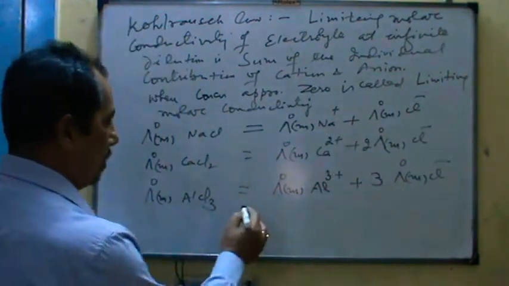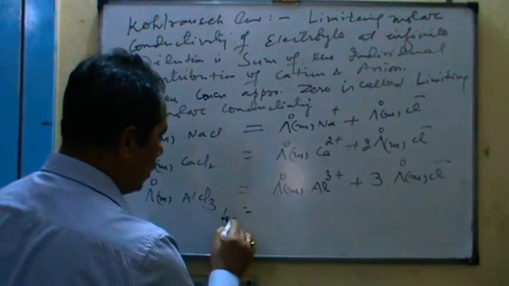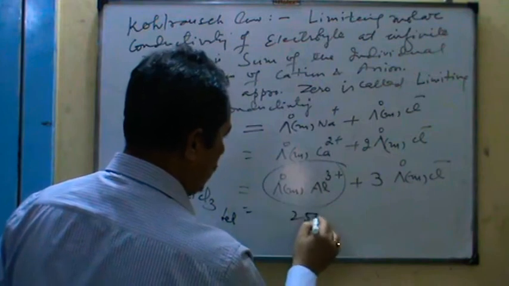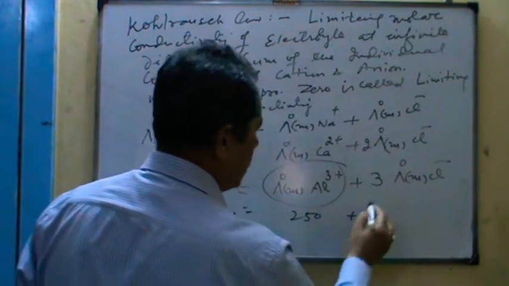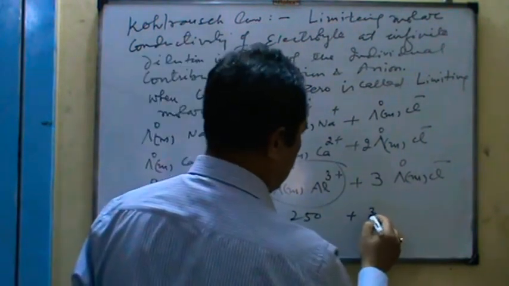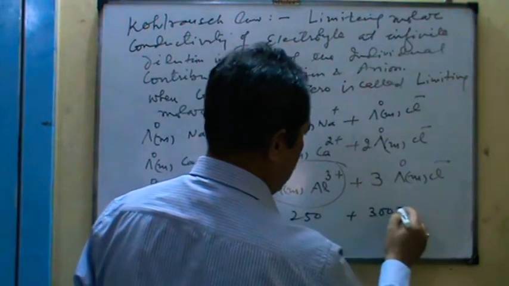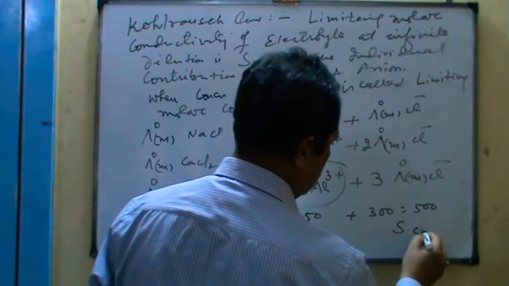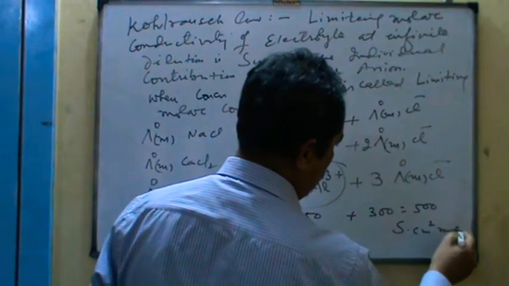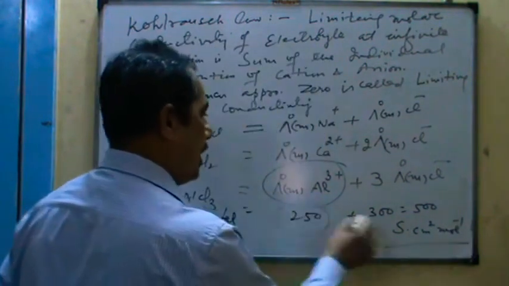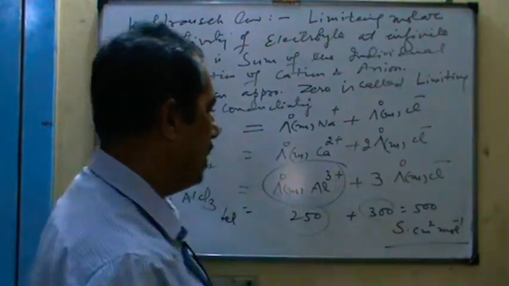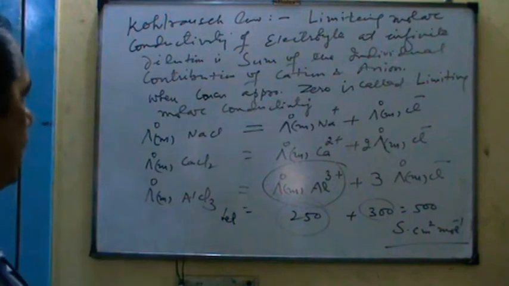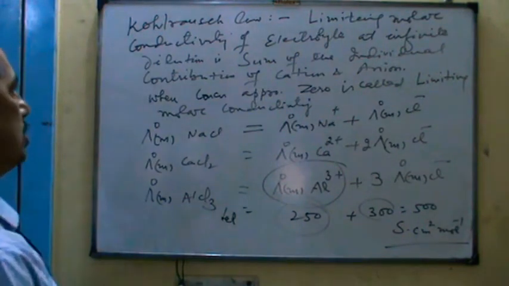Now for example, if this value of aluminum ion is 250 plus this 300, then the total is 500 Siemens centimeter squared per mole. Whatever the value given, just add for the two different ions, and this way you can calculate CaCl2, NaCl, AlCl3.